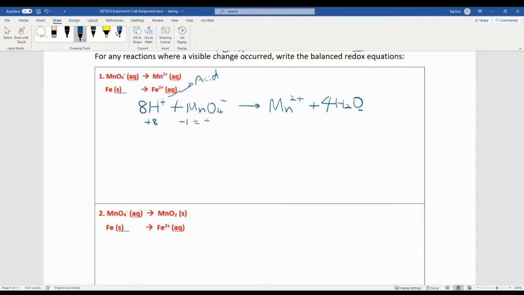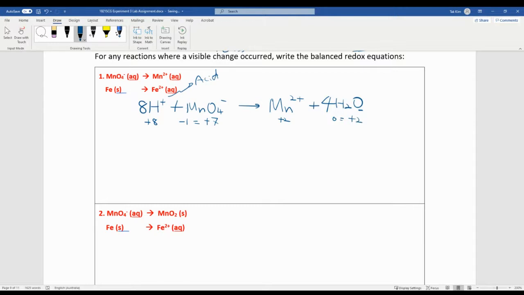So overall charge should be plus 7. And then when you look at the ones on the right-hand side, over here you have plus 2 charge, and then you have 4 neutral water. Water has no charge, so charge should be 0. Overall charge should be plus 2.